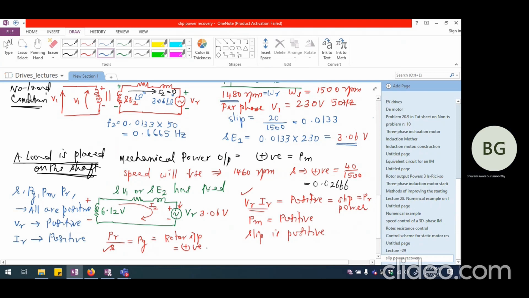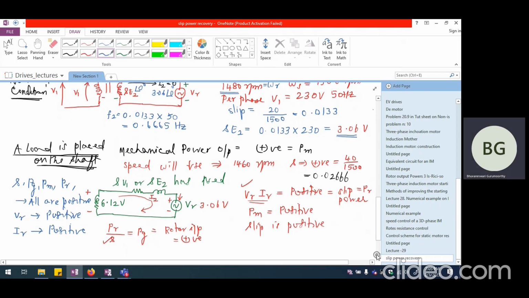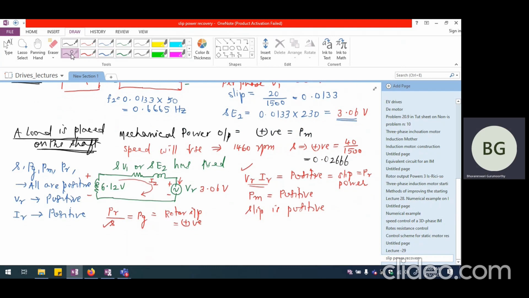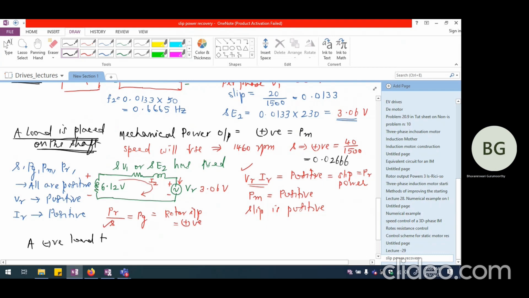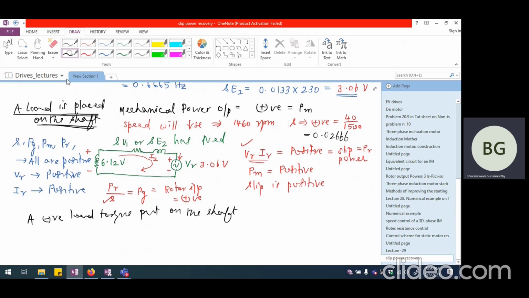Okay. Now, on the other hand, if I put a negative load torque on the shaft. What I mean by negative load torque put on the shaft is just to have a prime mover. If I have a prime mover which is driving the shaft, so that is like inputting a negative torque, negative load torque.